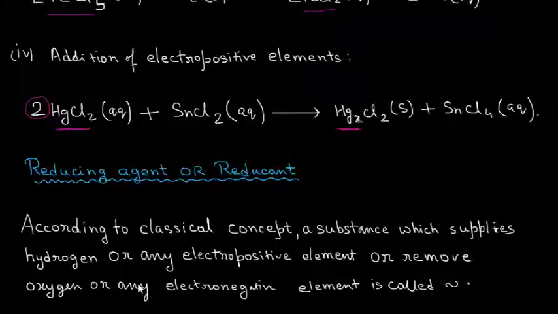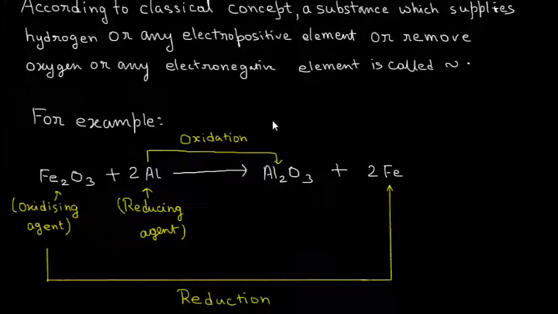So let us move forward. This is pretty simple. Let us see a common example where we will explain the oxidation and reduction in the same reaction, that means in a redox reaction, which is taking place simultaneously.